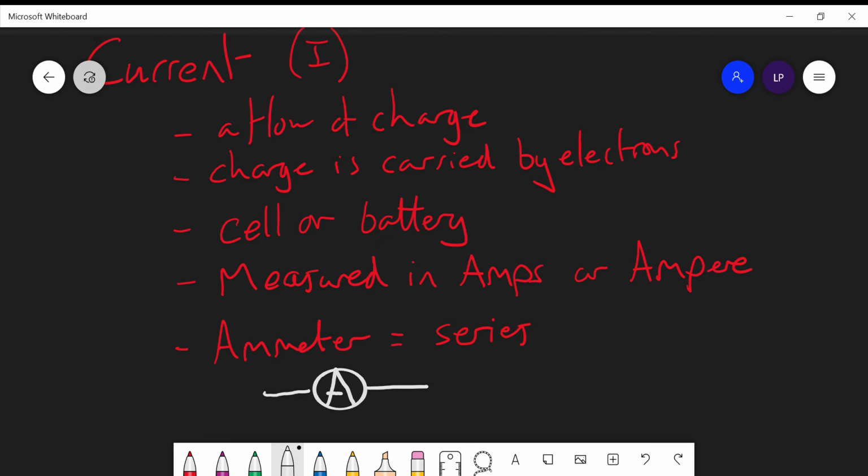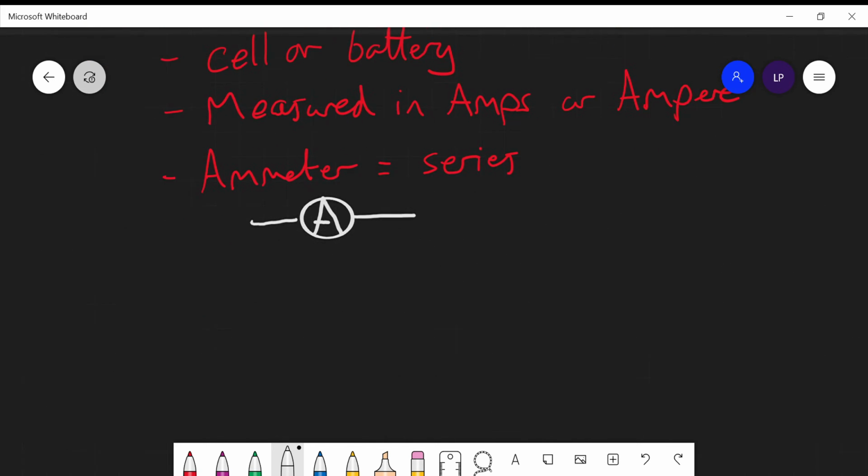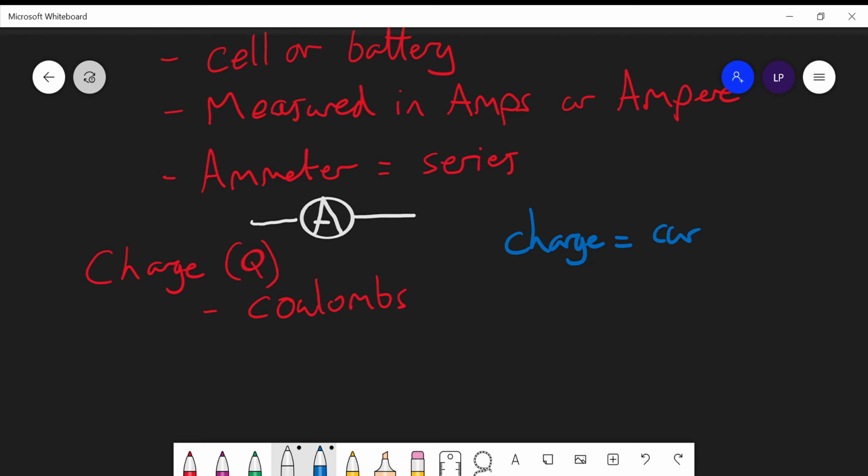So charge is closely related to the idea of current, and charge is represented by the letter Q. The unit for charge is coulombs. And we can actually use current and charge and time in a formula where charge is equal to current times time.